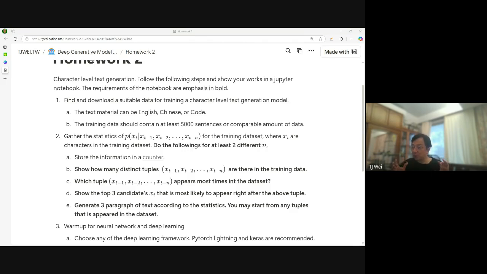In n-gram, the context window is related to the n itself. So you need a proper data set in order to get enough statistics. I would suggest that you get a data set containing at least 5,000 sentences.